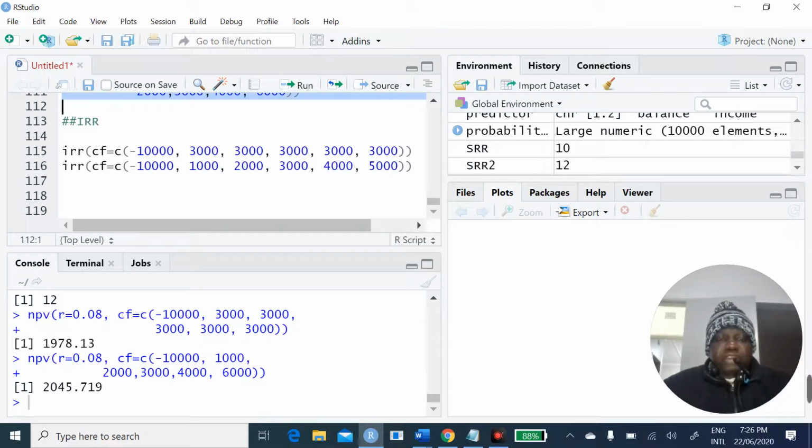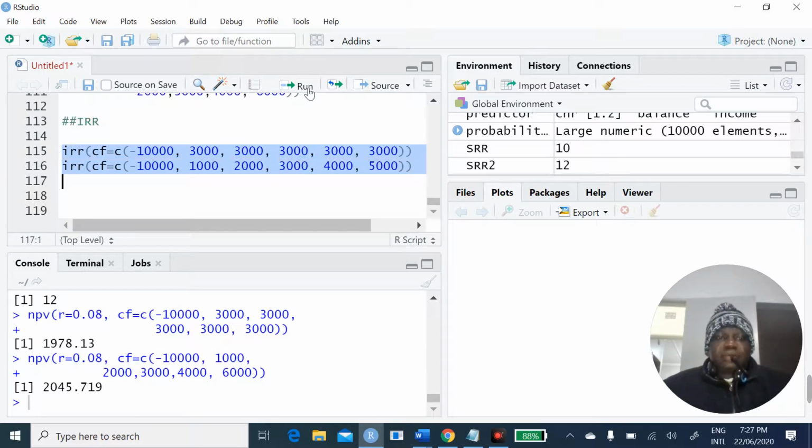But don't forget, because this is where many users do make some mistakes. They often forget that the initial capital outlay must start first and must be in negative form, followed by the cash flow across various years. So let's do that for A and B.